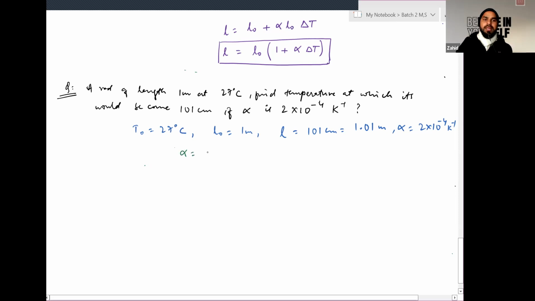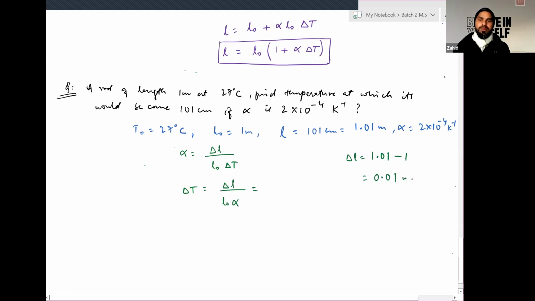Suppose we have alpha equals delta L by L naught times delta T. So move this delta T to the left side and alpha to right side. So delta T equals delta L divided by L naught times alpha. Now this delta L is nothing but change in length. So it will be 1.01 minus 1. So it will be 0.01 meter. So put the value. Divide by initial length 1. Alpha is 2 into 10 to the power minus 4. So if you remove this decimal, you will get 10 to the power minus 2.